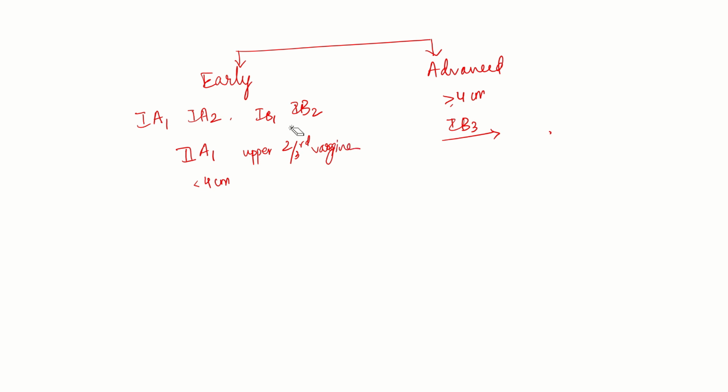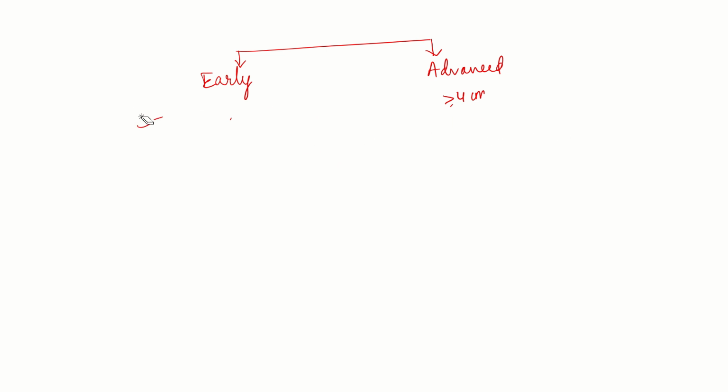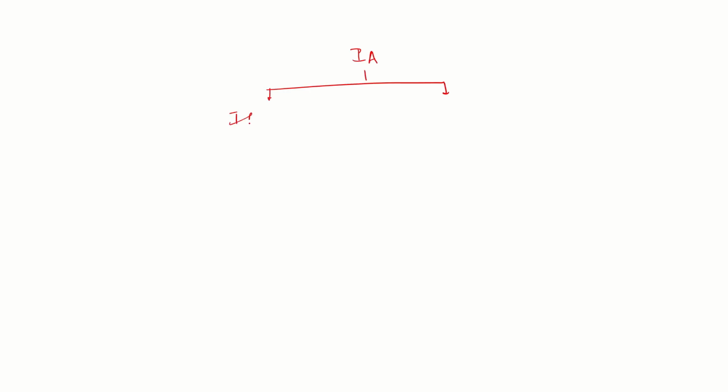So with this background in mind, let's see for each stage how we manage these patients, because we often encounter these patients in clinical practice, so we need to know what we should do. Now coming to stage 1A. 1A is further divided into 1A1 and 1A2 depending on the depth of stromal invasion: less than 3 mm, or 3 to 5 mm stromal invasion.